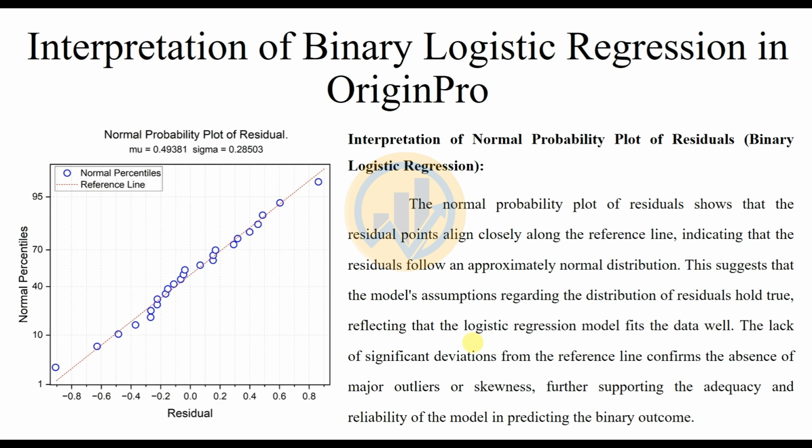The lack of significant deviations from the reference line confirms the absence of major outliers or skewness, further supporting the adequacy and reliability of the model in predicting the binary outcome.